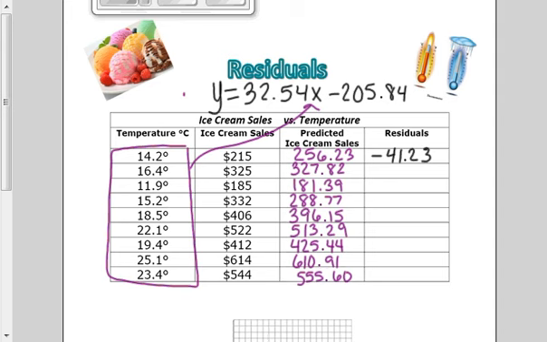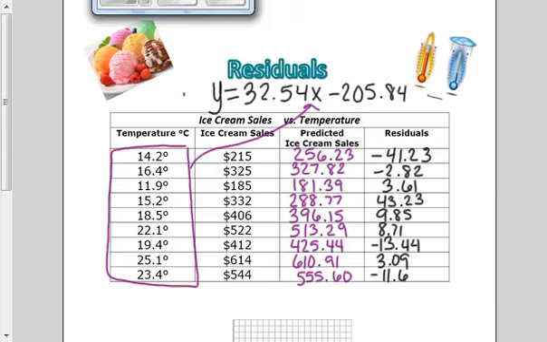For the next one, we have 325 minus 327.82, and we get negative 2.82. We have 185 minus 181.39, and we get 3.61. We're going to do that all the way down. So this is what we get when we get our residuals.